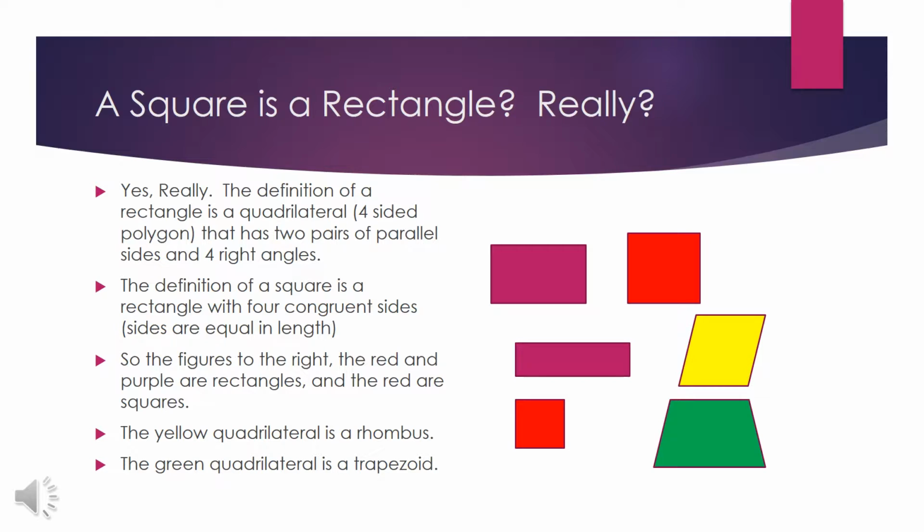The definition of a rhombus is a quadrilateral with two sets of parallel sides. So rectangles are rhombi and squares are rhombi as well. On this slide, the yellow figure is the rhombus, and I'm saying rhombi, R-H-O-M-B-I, which is the plural of rhombus.